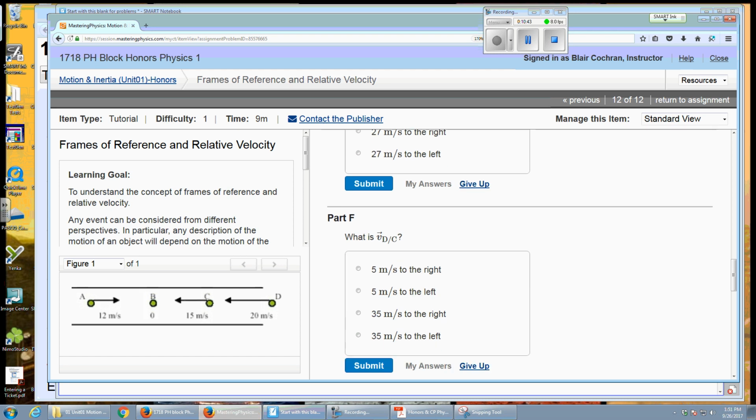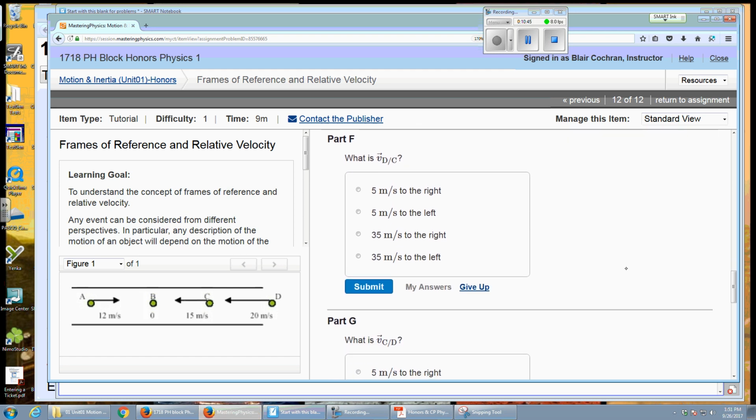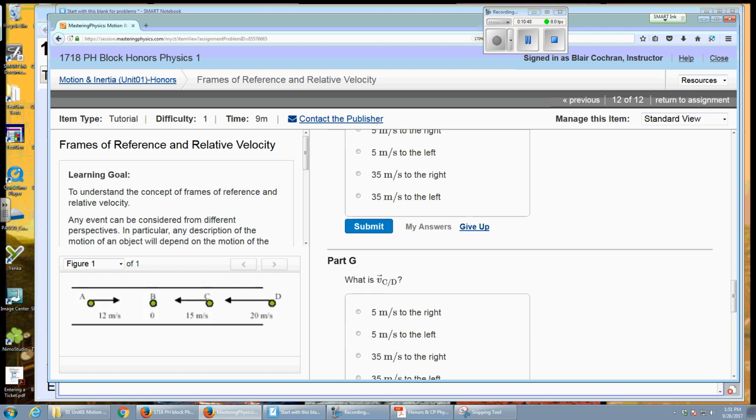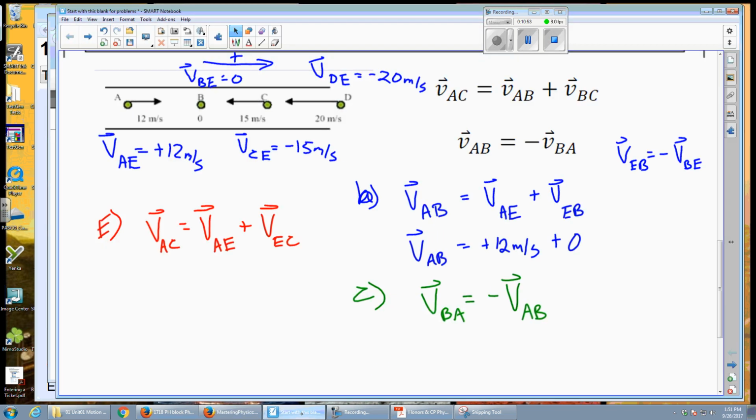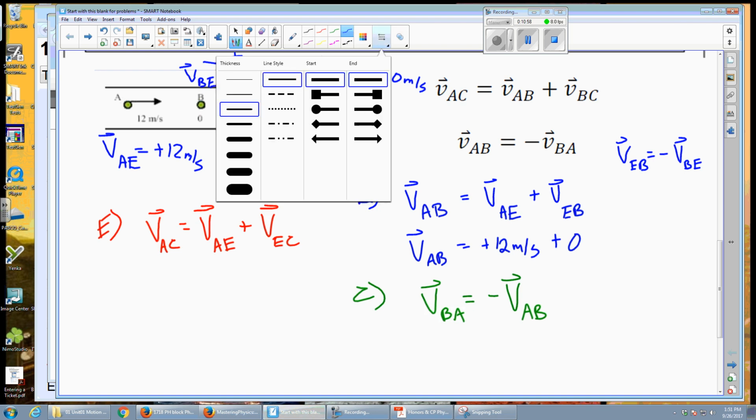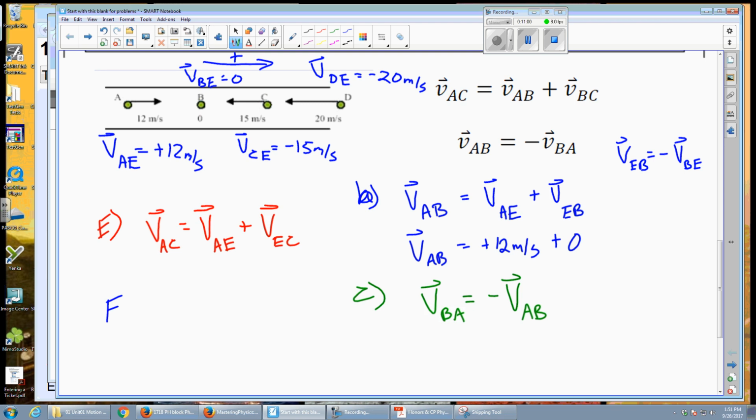This is going easy. F, D with respect to C. And then G is C with respect to D. So, F. Velocity of D with respect to C. Why don't we do D to the Earth plus the Earth to C. Oh, that'll work.